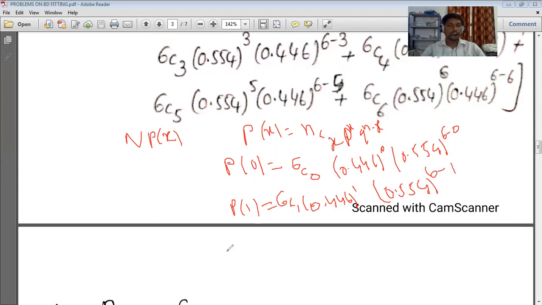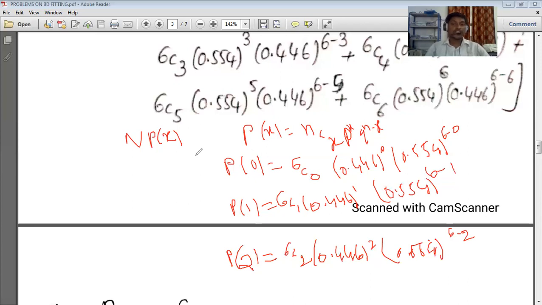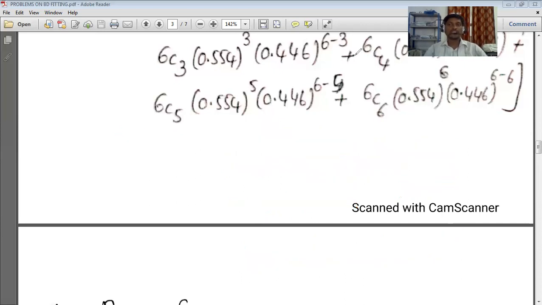Next P of 2 is equal to 6C2, 0.446 whole square into 0.554 whole power 6 minus 2, like this. So first we can calculate like this. After getting these values, simply you can multiply with N. So N is nothing but 200. Did you get the same or not?